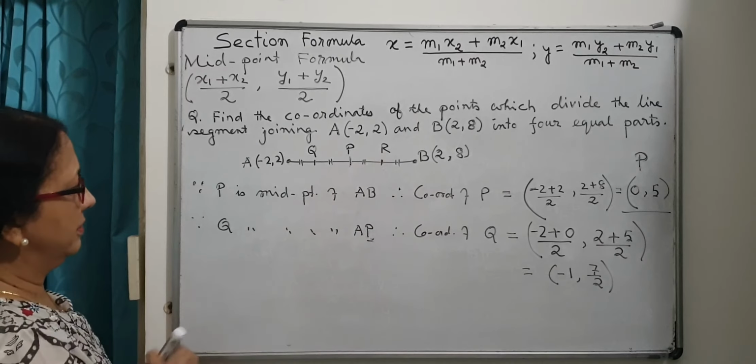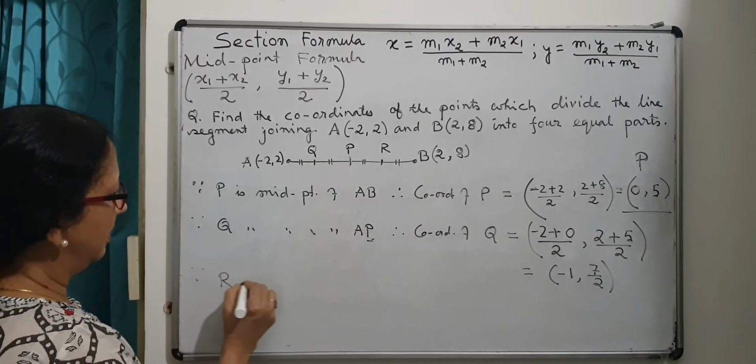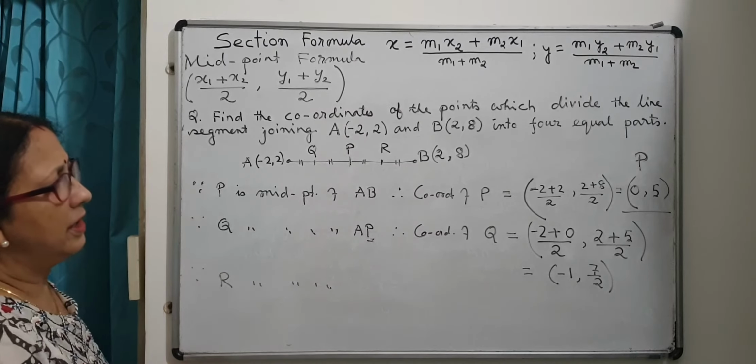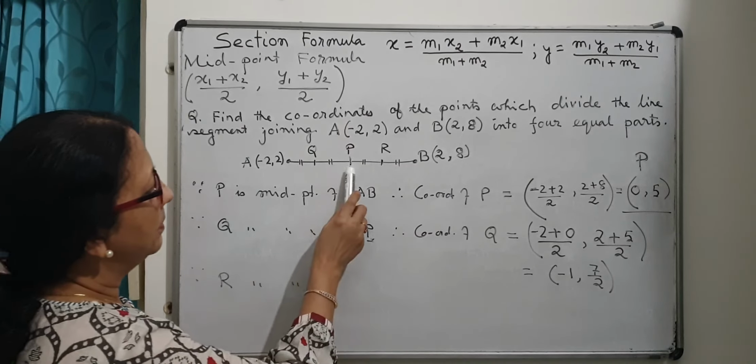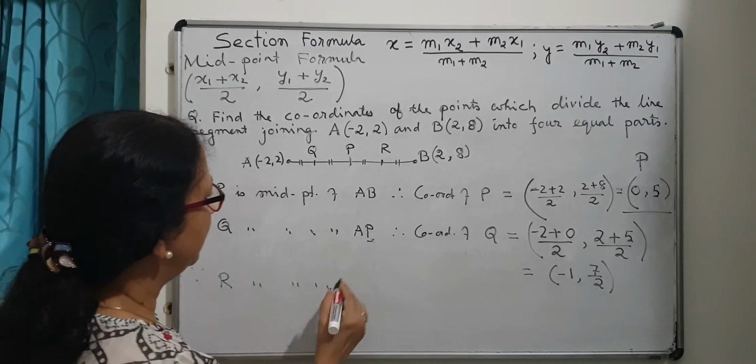Lastly, the point R. Since R is the midpoint of what? R is the midpoint of PB. You see, look at the figure, PB.